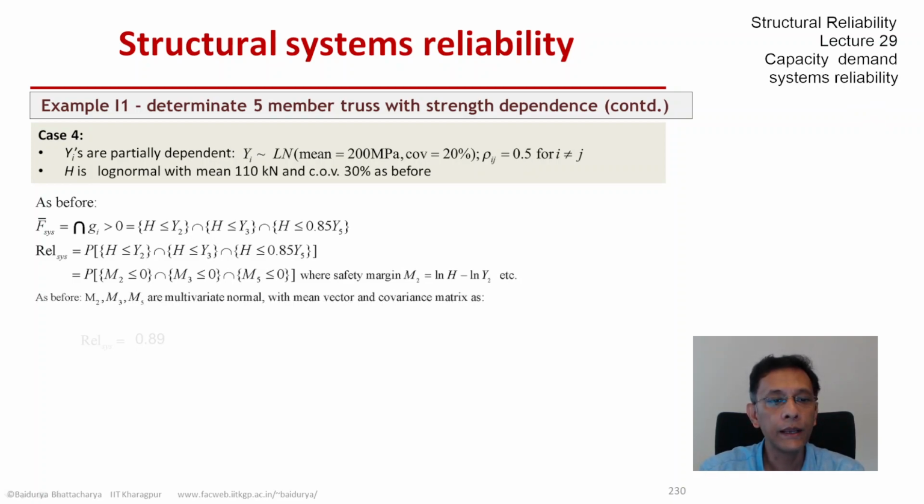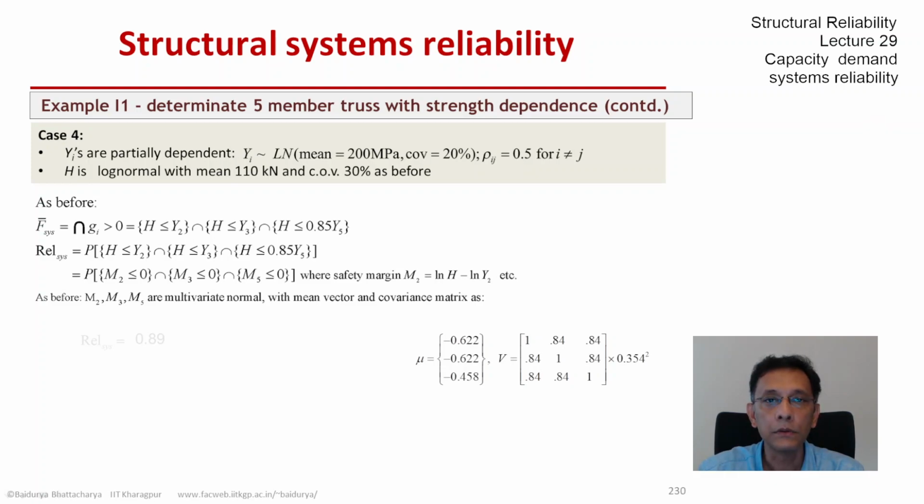And we are able to find the mean vector and the covariance matrix. While computing covariance, we have to also take into account the dependence between the y's. So y2, y3, y3, y5, y2, y5, and so on. So we do that, and we have the results here.